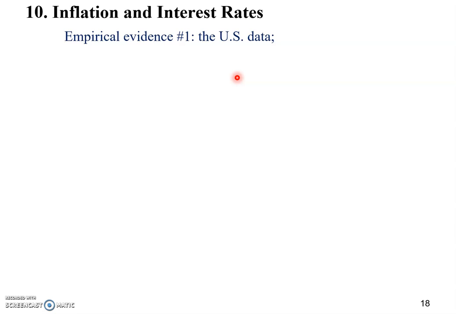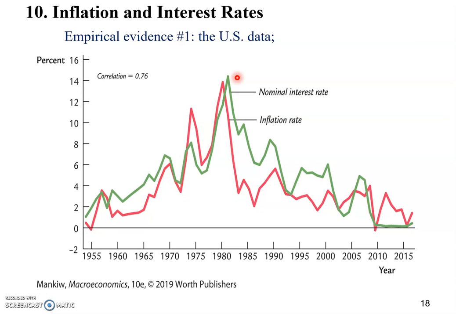Now let's take a look at the empirical evidence on the Fisher equation. First, let's take a look at the US data. The Fisher equation suggests that there's a one-on-one relationship between the nominal interest rate and the inflation rate.